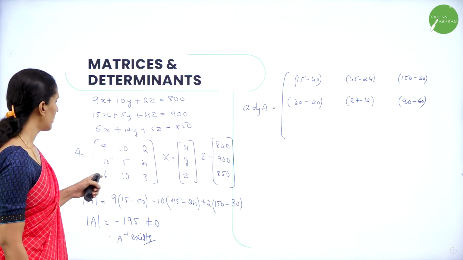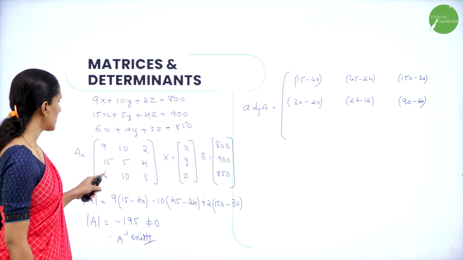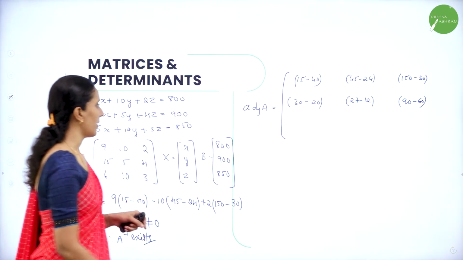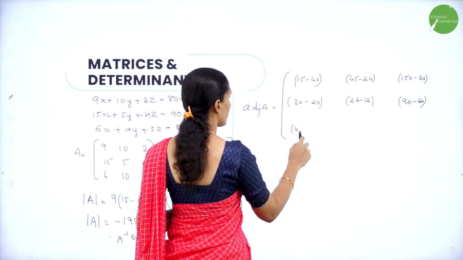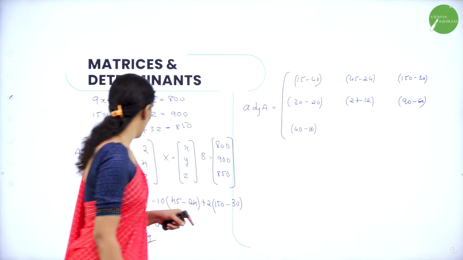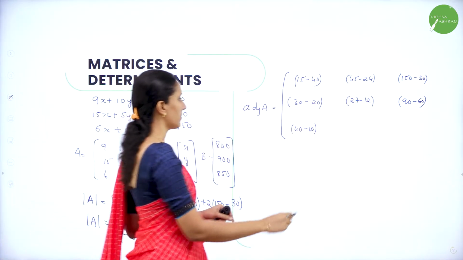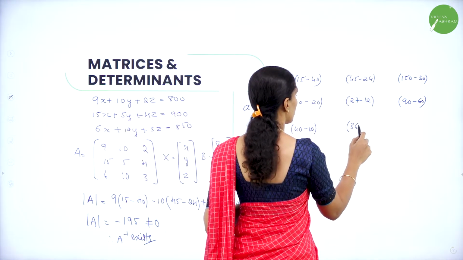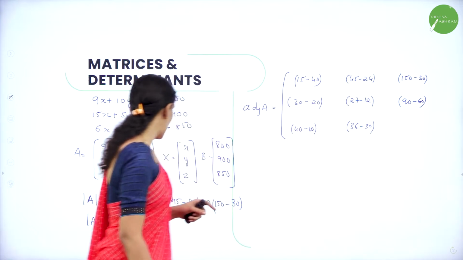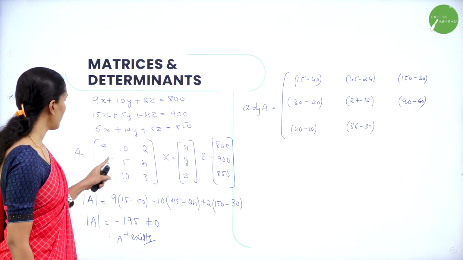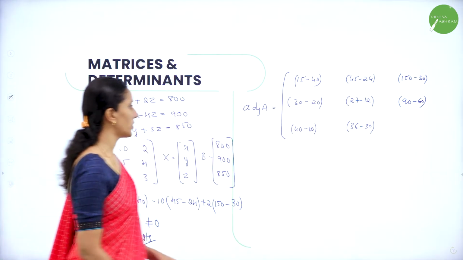Next we have for the last row, that is 6, 40 minus 10. Next for 10 we have 36 minus 30. Next, for the last element, we have 45 minus 150.